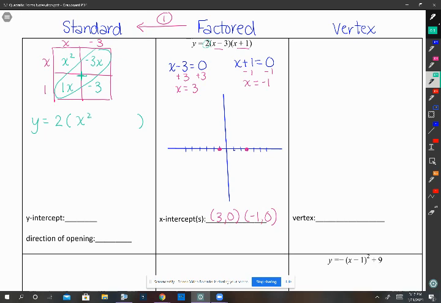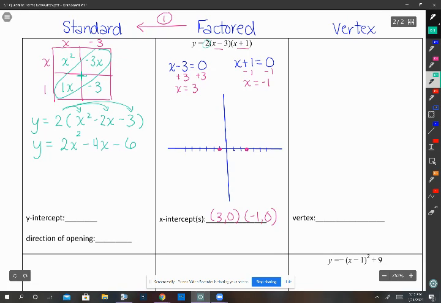So 1x plus -3x is -2x, and then -3 is going to go at the end. And then because we have that a value out in front, that tells us that we're going to do distributive property. So we're going to take that 2 and give it to everything inside. And so we get y is equal to 2x squared minus 4x minus 6.